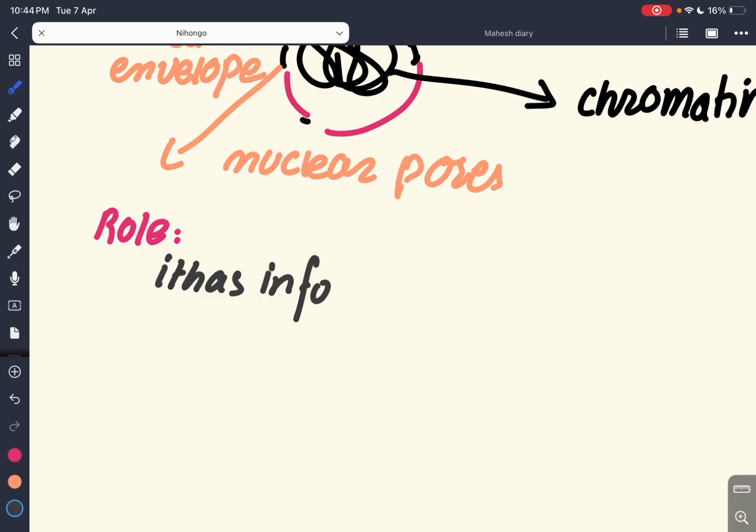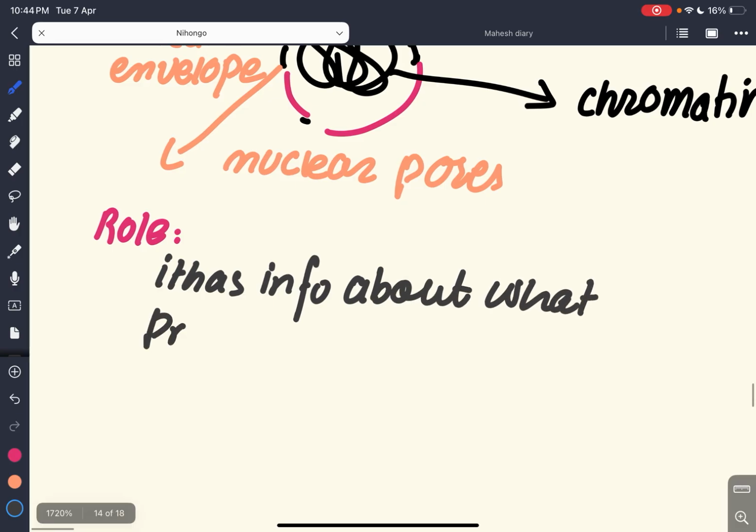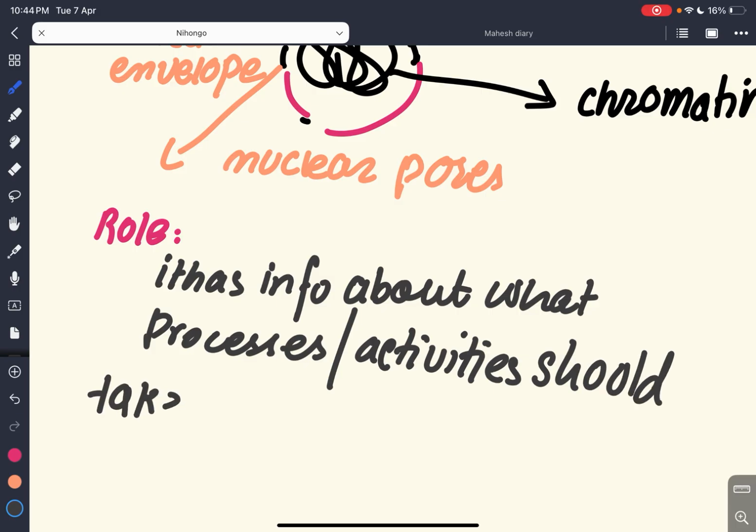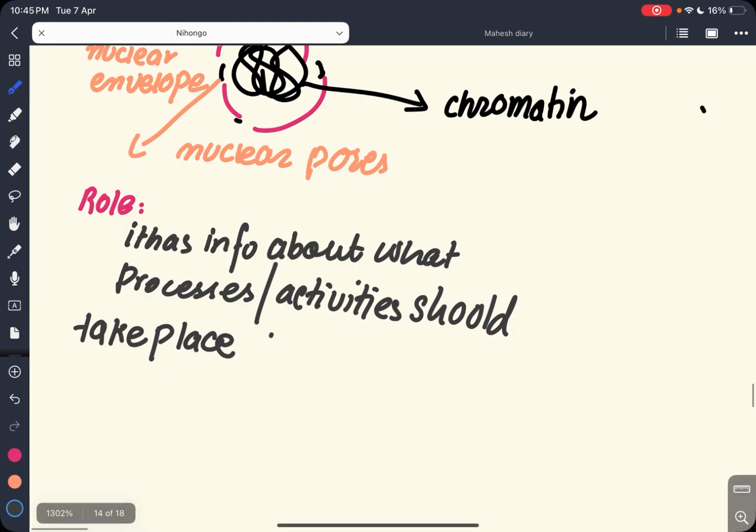It has information about what processes or activities should take place in the cytoplasm, or the body.